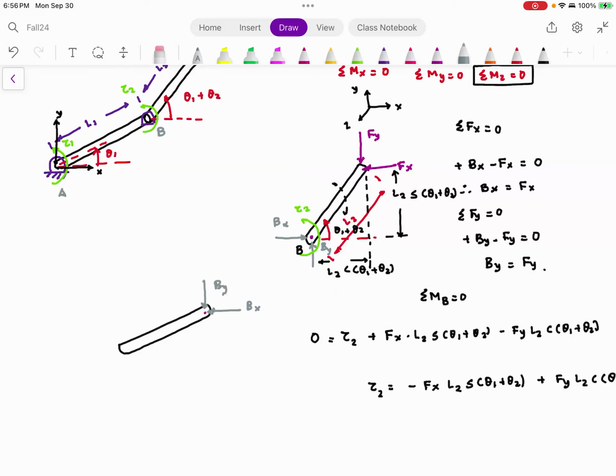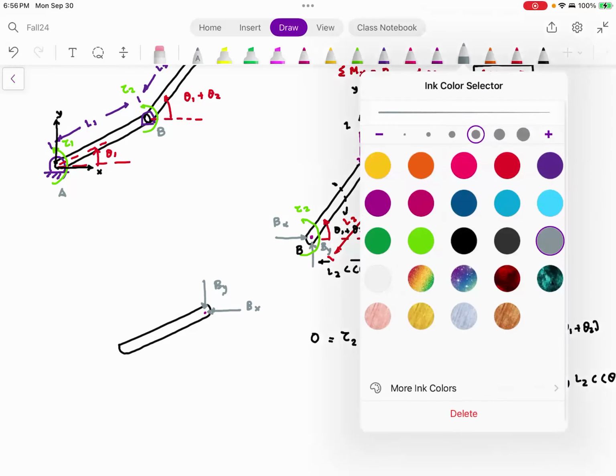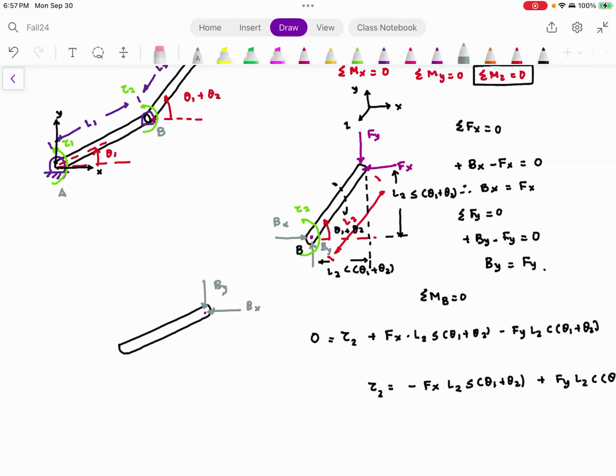And since we have freed the joint, you are going to have a reaction torque over here, just tau 2. Now, since we have freed the joint from here, again, you are going to have forces, and I'm going to assume these forces to be like this, Ax and Ay, and you are going to have the reaction forces Ax and Ay over here.